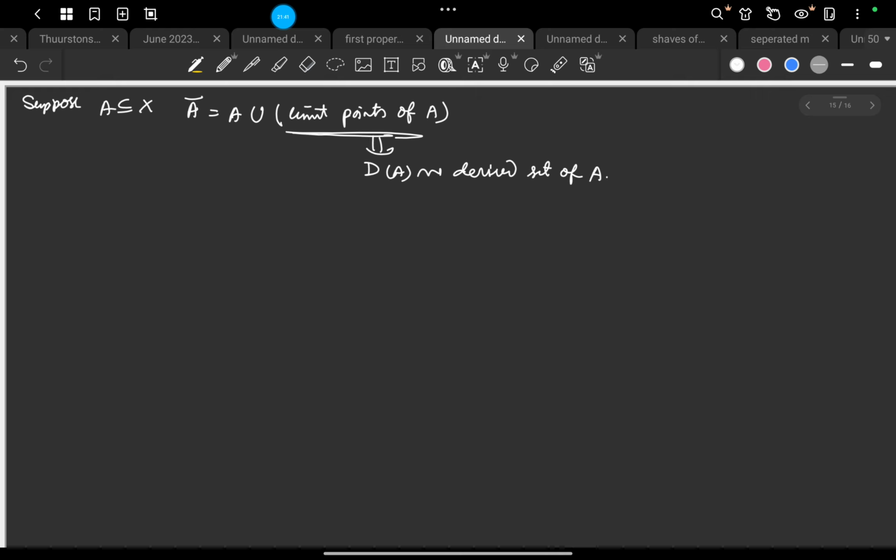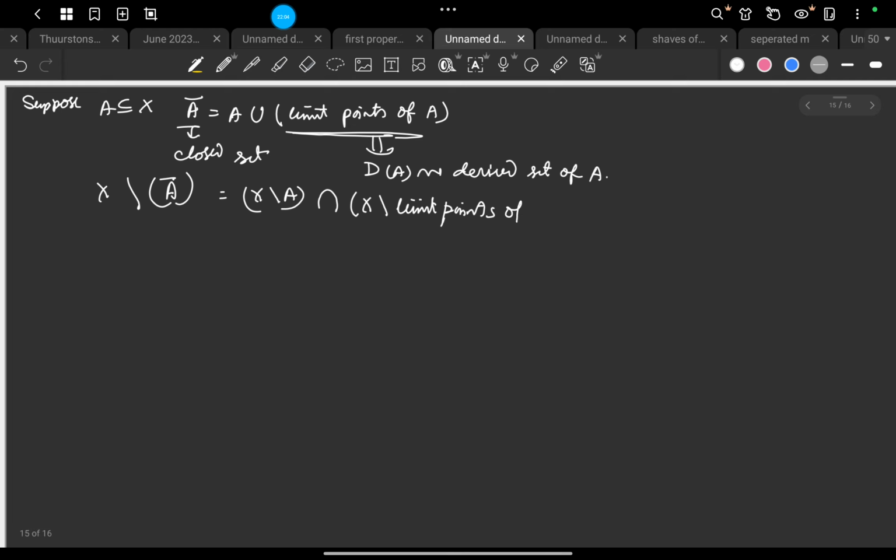So this is a closed set obviously, because you can see that X minus A closure equals X minus A intersection with X minus the limit points of A. So that will always be an open set.